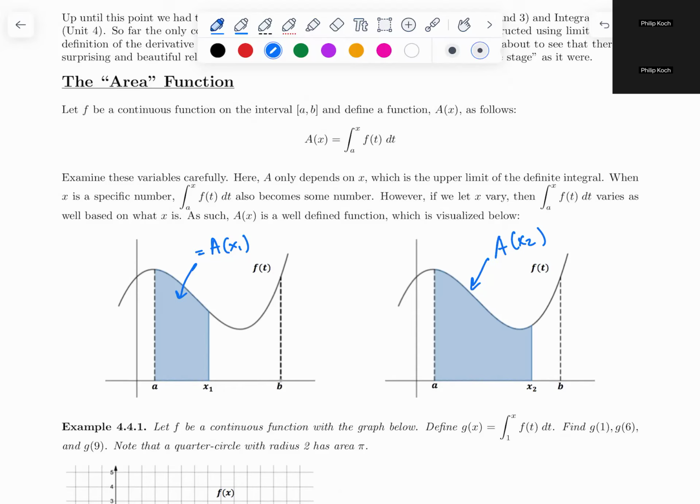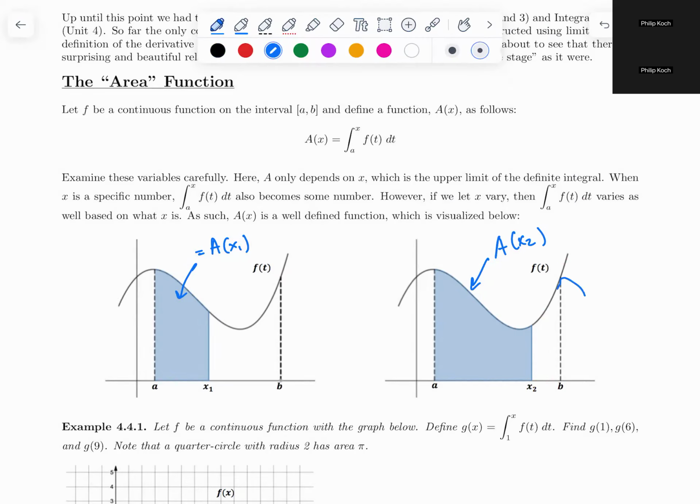Increasing means that every single time you move x over, does A of x get bigger? Yes, it does. Because each time you make x a little bit larger, you're adding a little more shaded region. You're adding more area each time, especially since this function increases indefinitely.